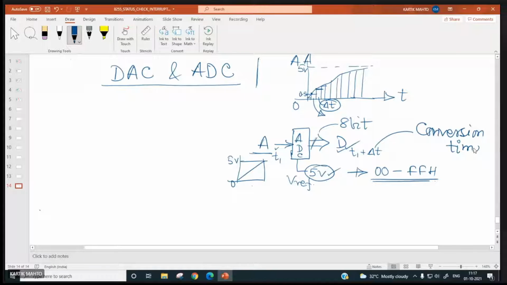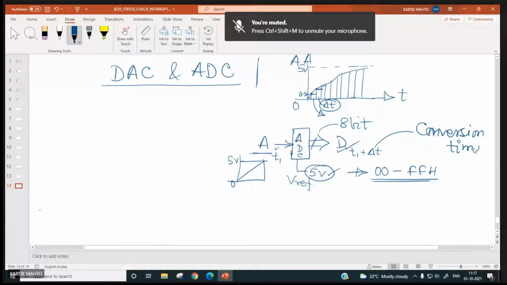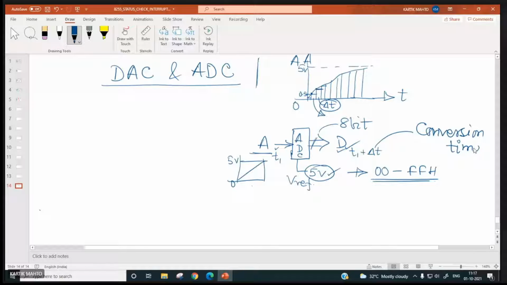Now I am asking you, with this 0.5, what will be the output of the digital? Here this is analog, and this is the digital part.